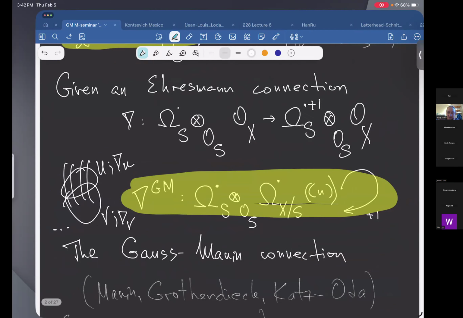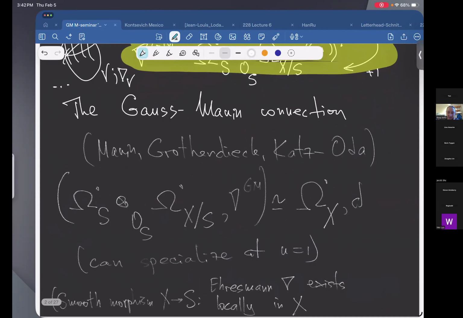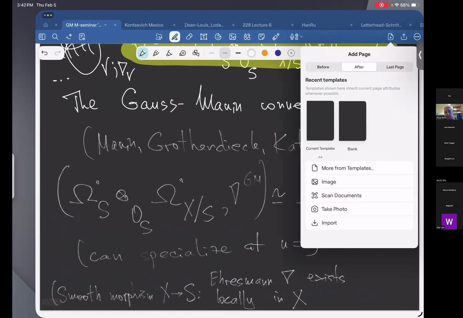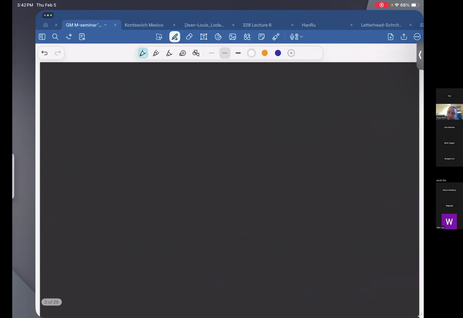So when you say u equals 1, you still shift the grading of differential forms by -2. So it's really a bookkeeping of the grading, the role of the variable u.